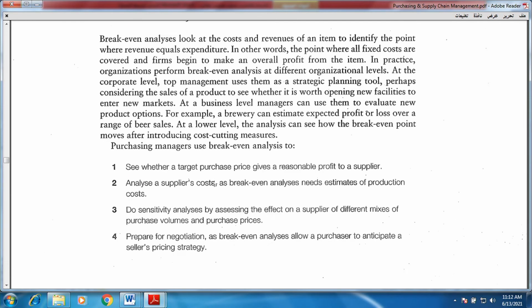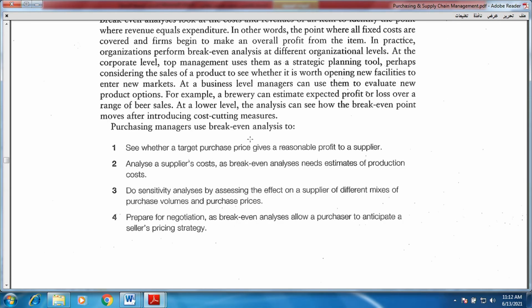Purchasing managers use break-even analysis for what objectives? They can see whether a target purchase price gives a reasonable profit to suppliers.